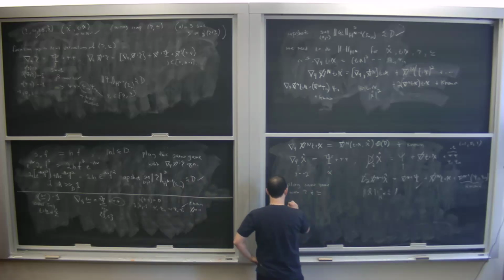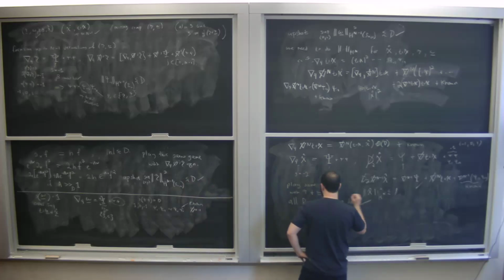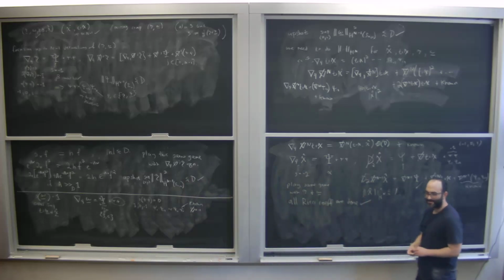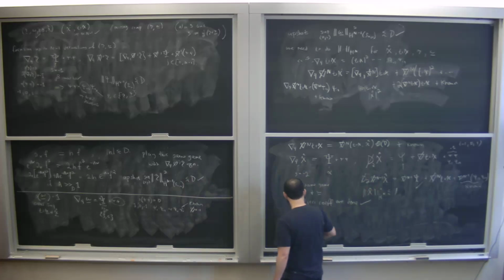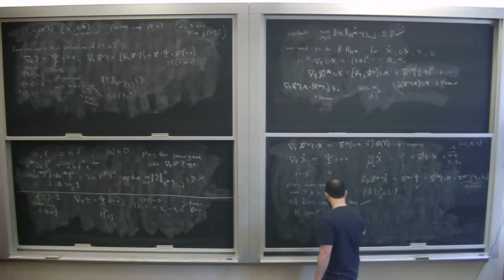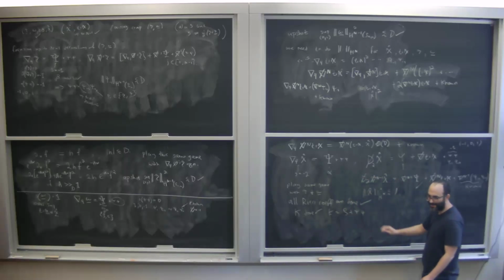Okay, so the upshot is that all Ricci coefficients are done. And then also from that, we get that K is also done, because the Gauss curvature is basically rho plus some Ricci coefficients.